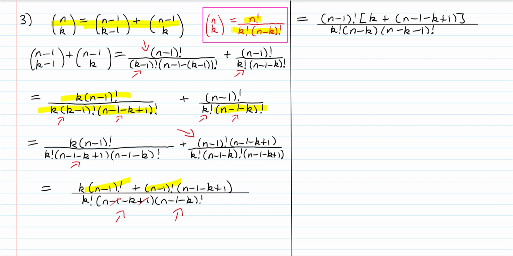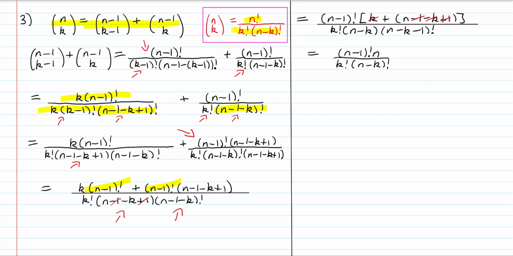And in our numerator, we have this k and then minus k, so they cancel, and then our minus 1 and plus 1 are going to cancel. So we'll write out what we've got: in our numerator, (n-1)! times n, over k! times (n-k)!.